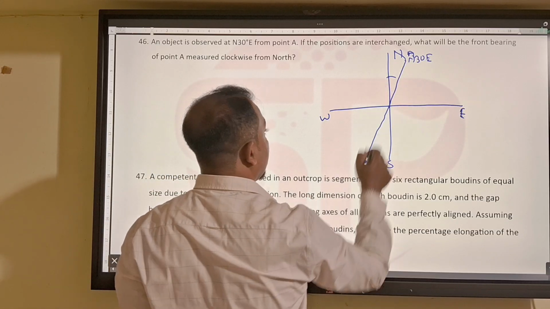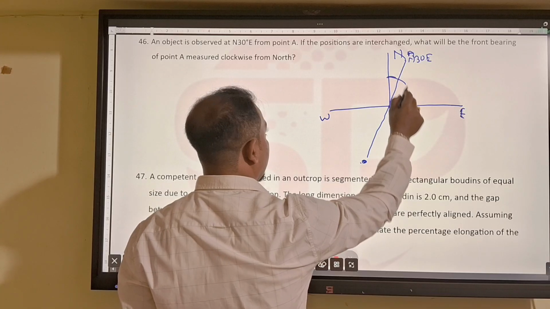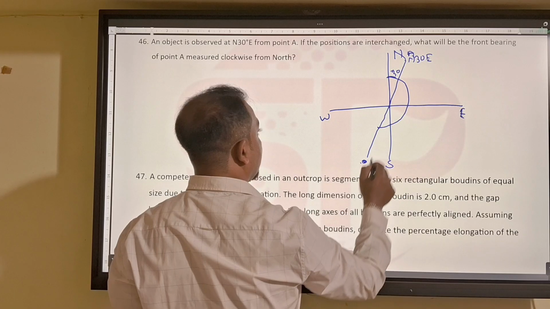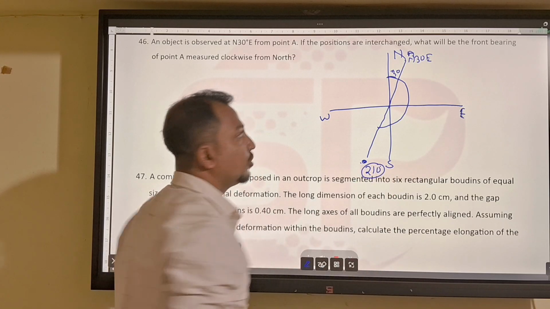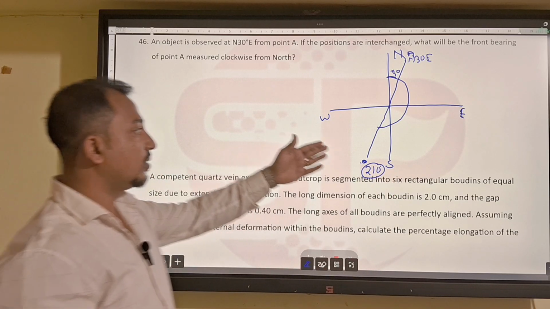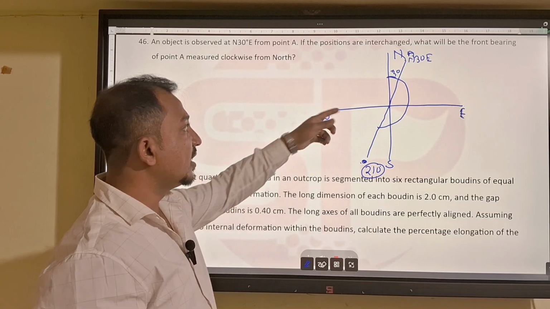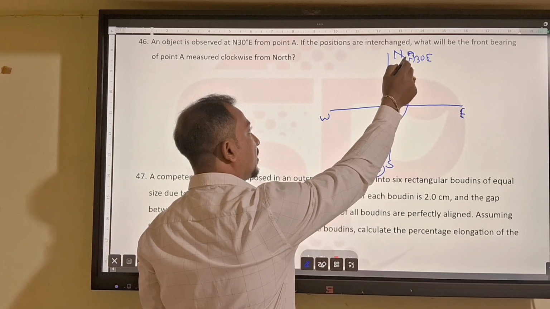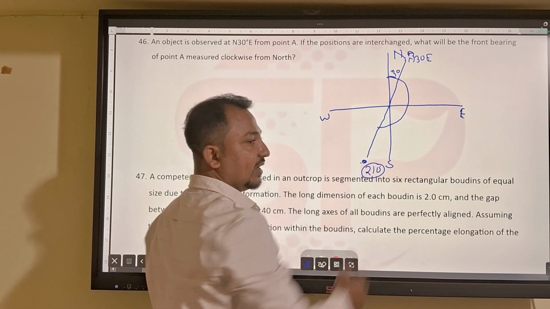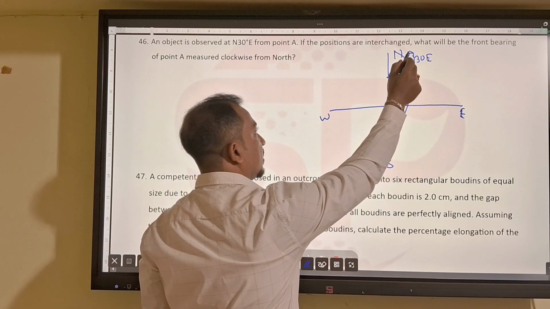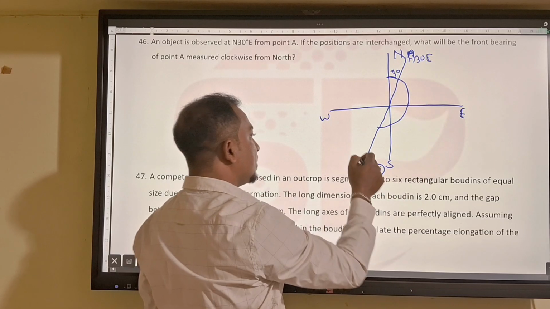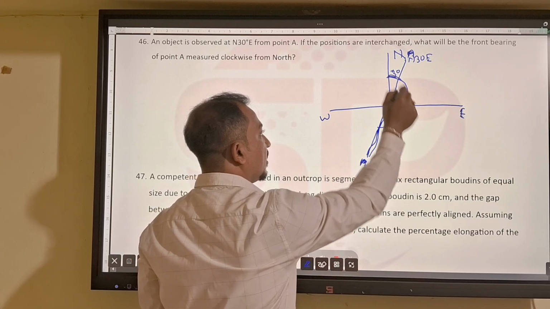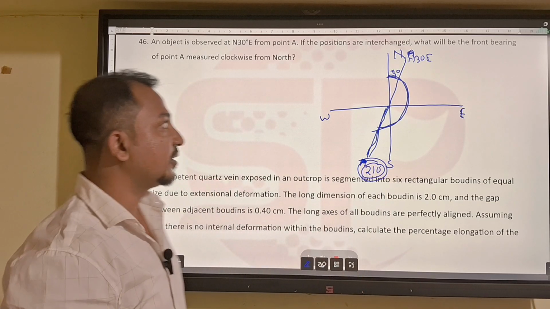So now if the position is interchanged, then the bearing will be this one. You have to calculate from the north. So if this is 30, this will be 210. That is, if the position is interchanged, the direction will revert by 180 degree. So now A is here, and it is interchanged to this point. So the bearing of this point will be this much, that is your 210 degree.